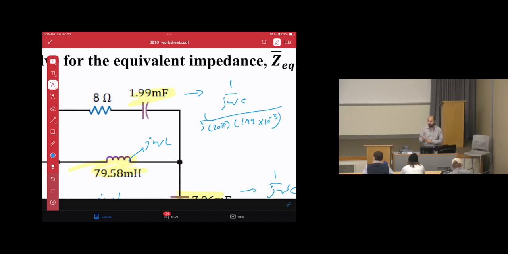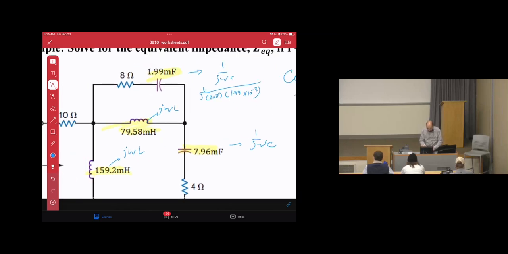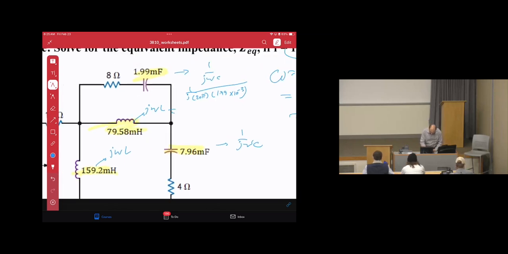Please make sure you know milli, kilo, micro, nano, pico, mega, giga, what each of these means. Then, for this inductor, j omega L will be j times 20 pi times L, which is 79.58 times 10 to the power negative 3 because it's milli.